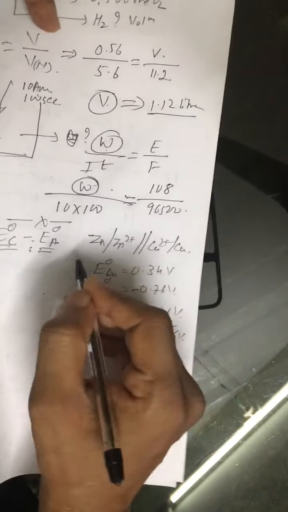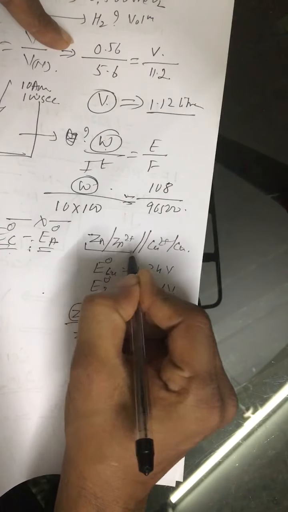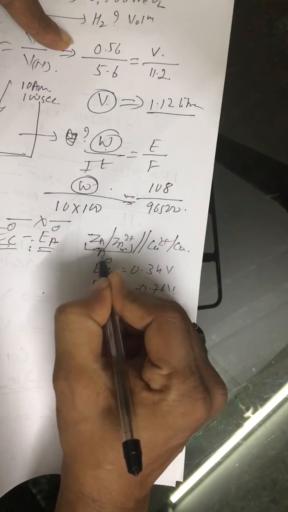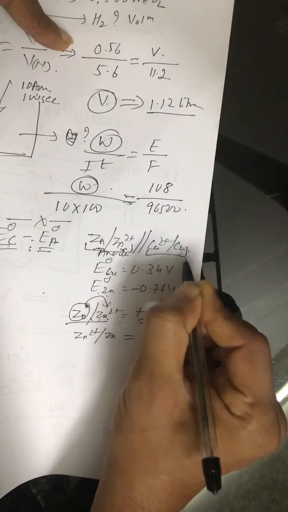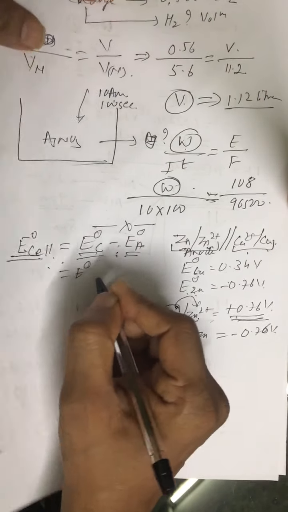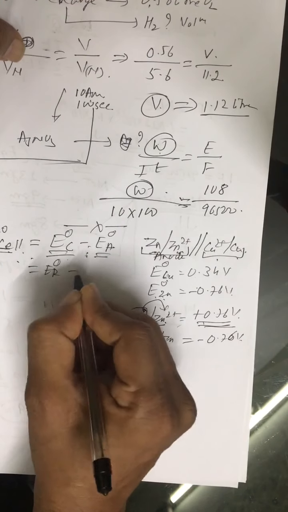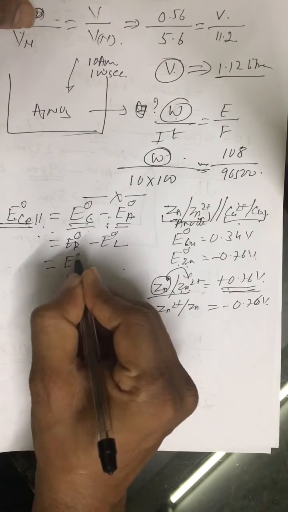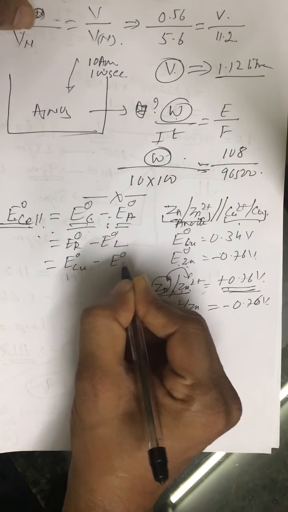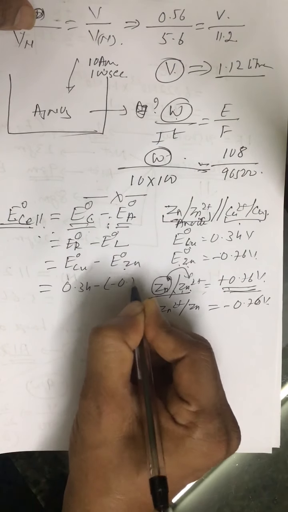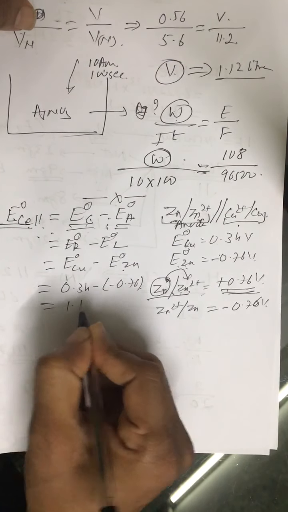And in a cell, on the left hand side we are always given anode, and on the right hand side cathode. So this can also be written as E0 of right minus E0 of left. E0 of copper minus E0 of zinc is 0.34 minus 0.76 volt, that is equal to 1.1 volt.